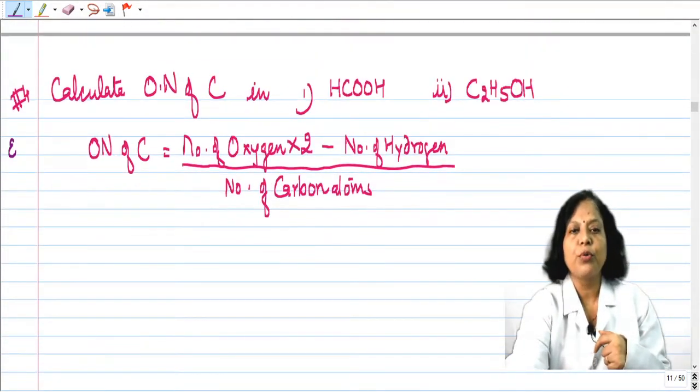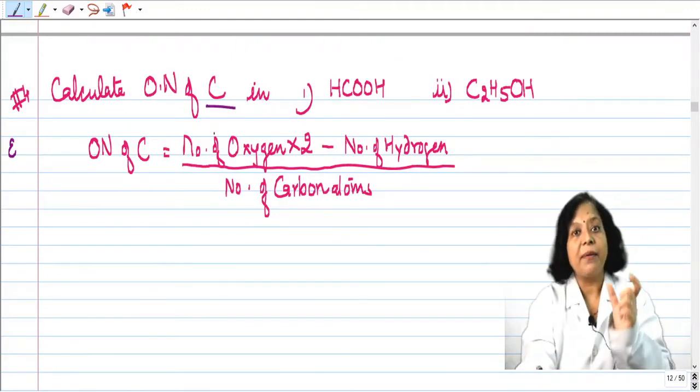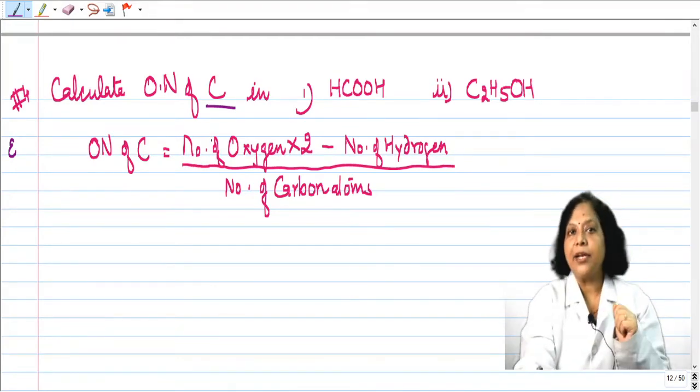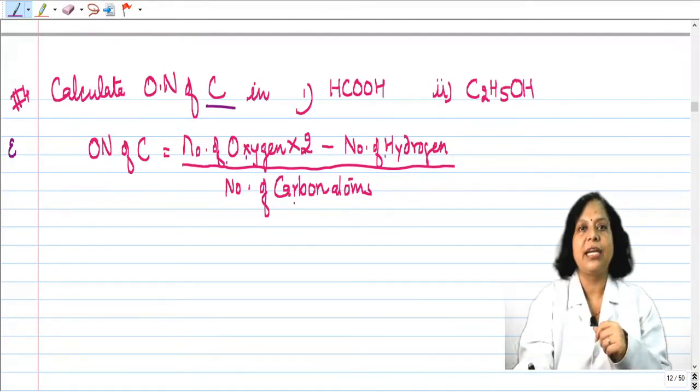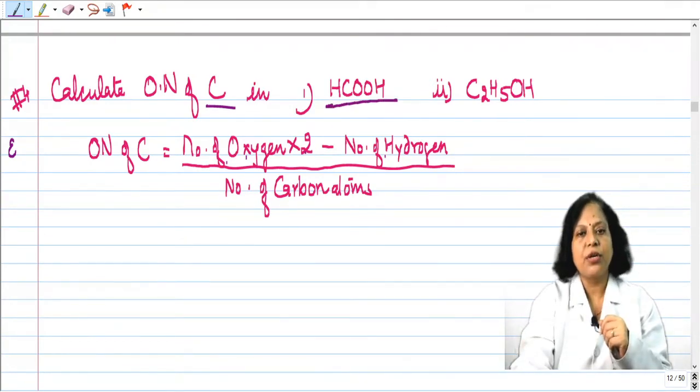Now we move on to the last one, how to calculate the oxidation number of carbon in organic compounds, compounds containing carbon, hydrogen and oxygen. So what is the formula? We take the number of oxygen, multiply by 2, then subtract the number of hydrogen and divide the entire thing by the number of carbon atoms. Let's take the example of HCOOH.